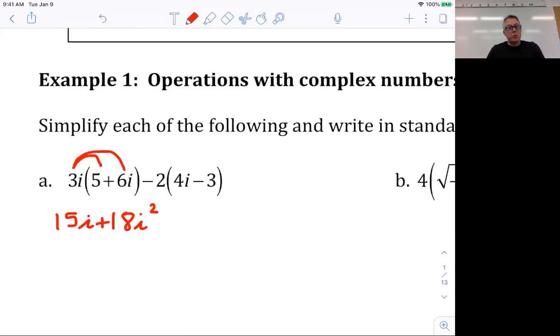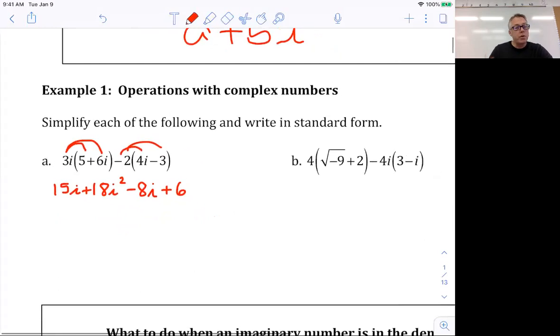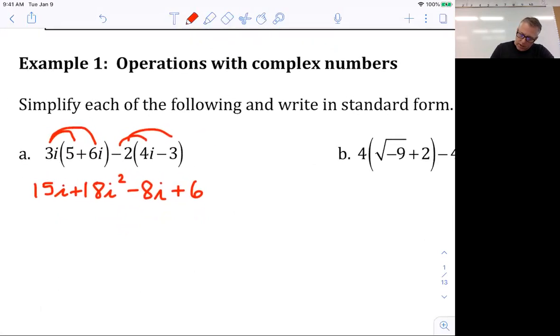So just like if it was 3x and it was 5 plus 6x, it would be of similar process. Okay, so it follows the same rules. Now remember, keep in mind, i squared means something. I'll come back to that. But I'm just going to distribute the negative 2 over here. So that's going to be minus 8i and plus 6. Okay, so that's our first step, is to distribute, just like we would in simplifying any other algebraic expression.